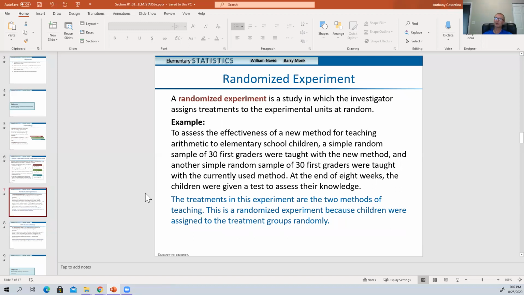And so here you can see that it even says in the second sentence, a simple random sample of 30 first graders and another simple random sample of another 30 first graders. So you could see that this would be treated as a randomized experiment.